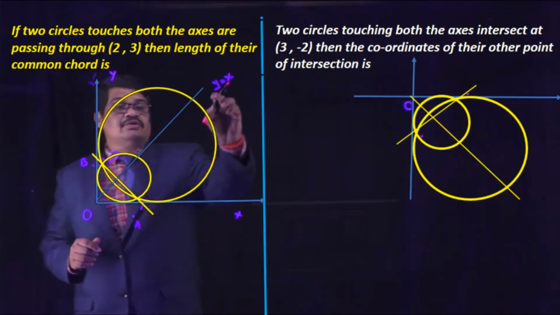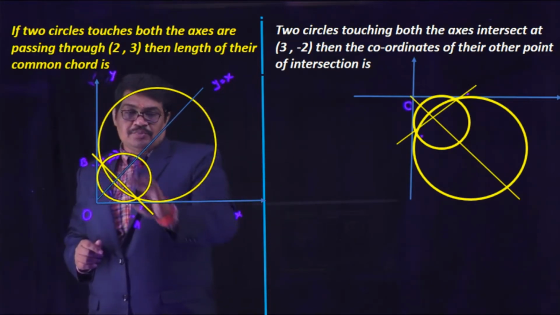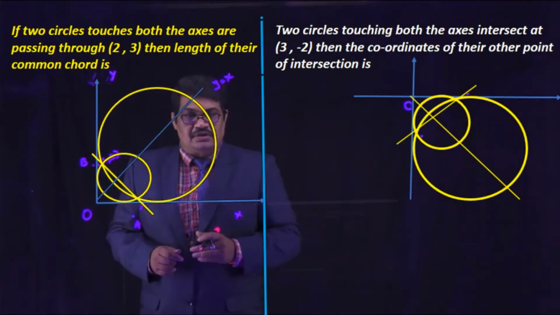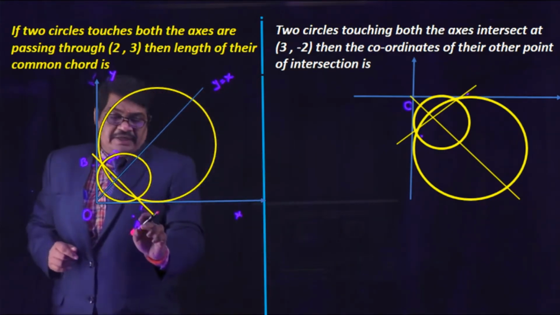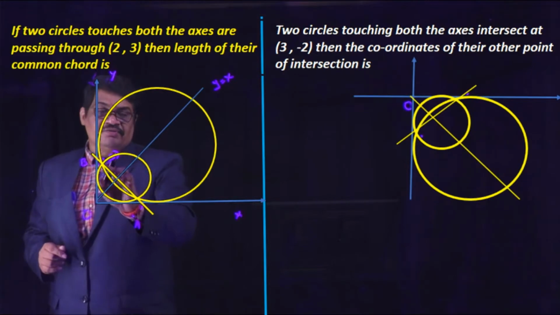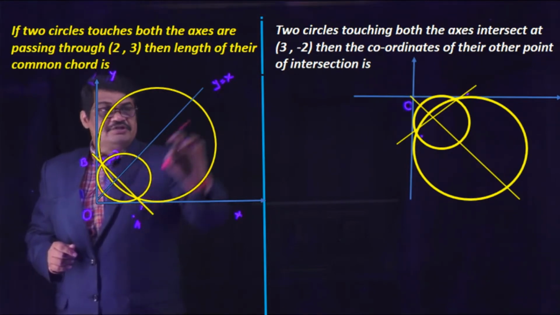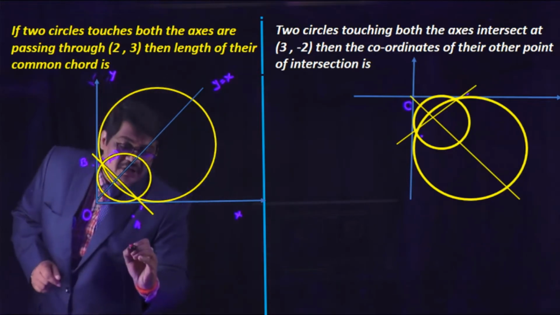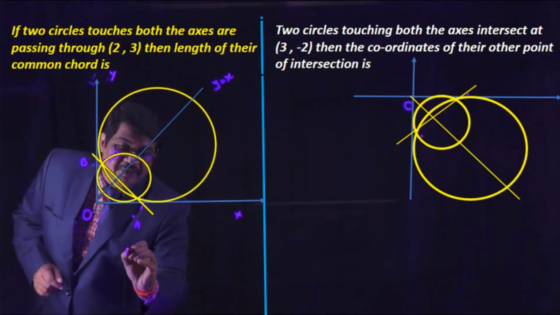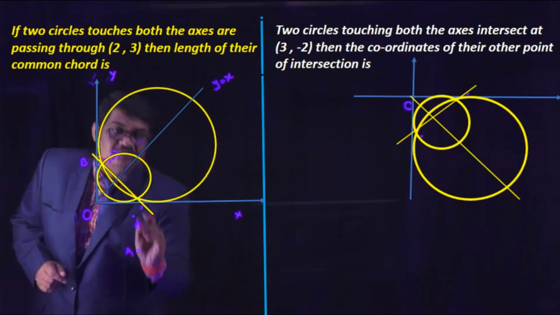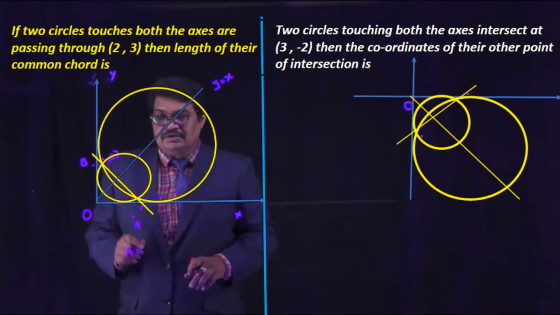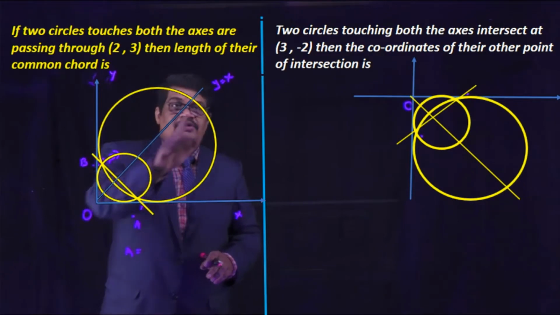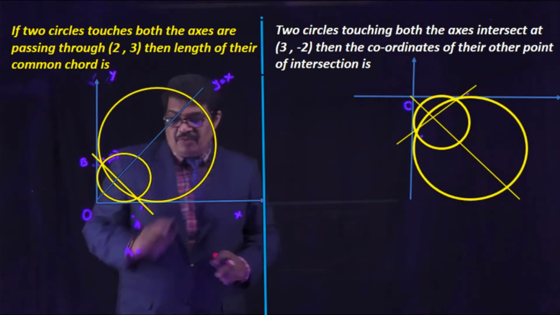With respect to this line, these two points are images of each other. So point A is the image of the point (2, 3) with respect to the line y = x. Here point B is (2, 3).